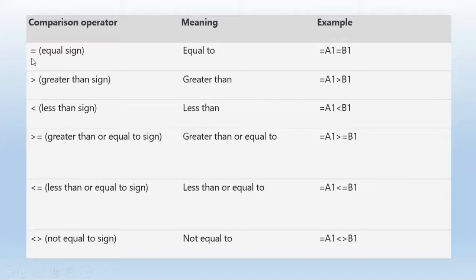If we do not put the equal to sign before the formula, the value will not be calculated properly. The meaning is equal to, and we write it like this: equal to A1, or sometimes equal to B1. Whenever we are putting a formula, we have to put the equal to sign before the formula. Then the greater than sign.